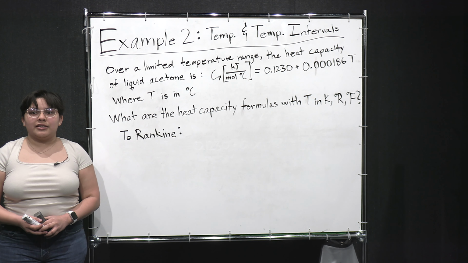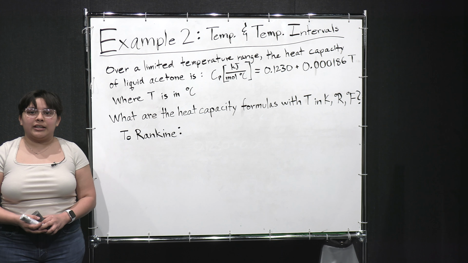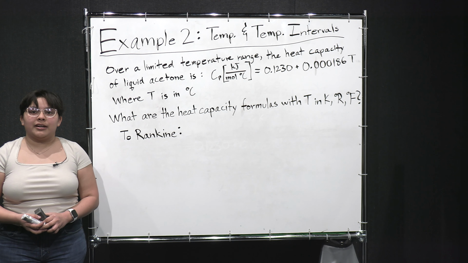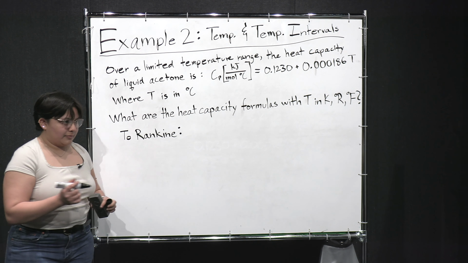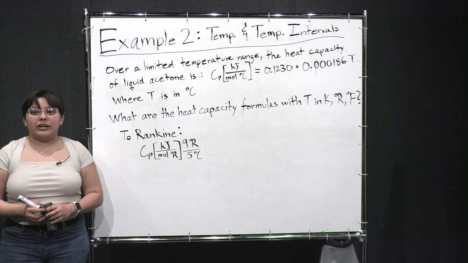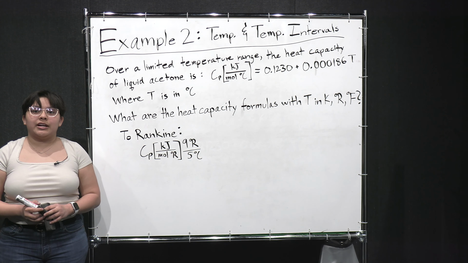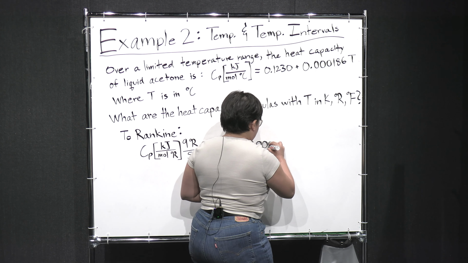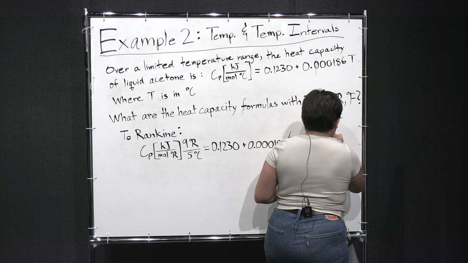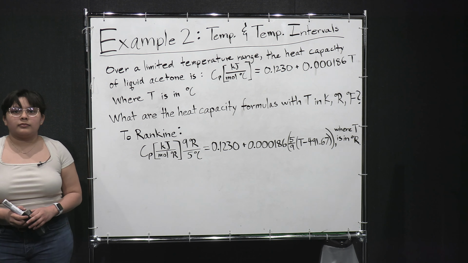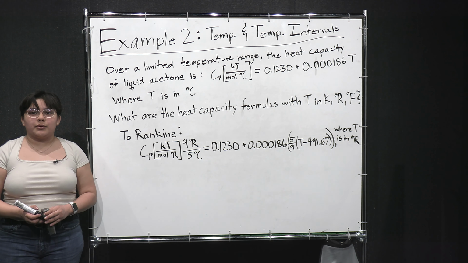We convert the heat capacity, C sub P, in kilojoules per mole degree Rankine to kilojoules per mole degree C as a temperature interval by multiplying by 9 degrees Rankine per 5 degrees C. We convert T in Rankine to degrees C by subtracting 491.67 and then multiplying by 5/9, and we plug in, getting this equation. We then simplify and get this equation.